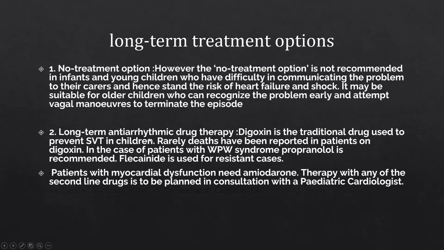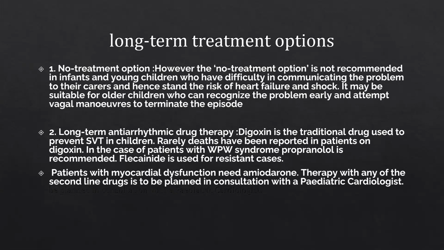The second option is long-term antiarrhythmic drug therapy. Digoxin is a traditional drug. There are newer medicines than digoxin, but the most common is digoxin, the traditional drug used to prevent SVT in children.